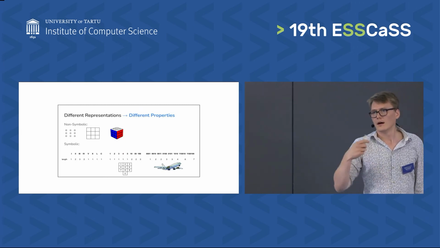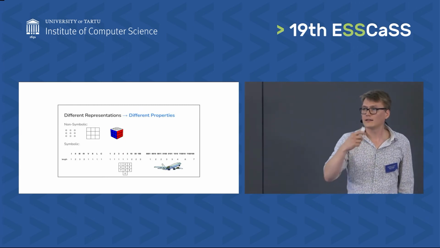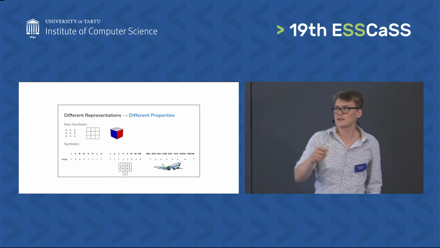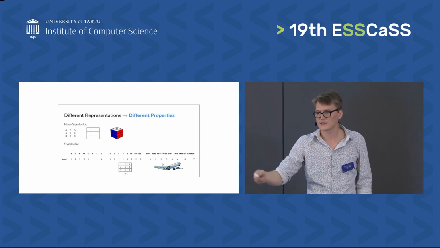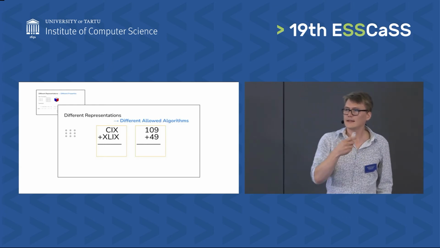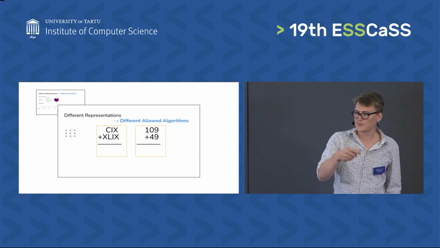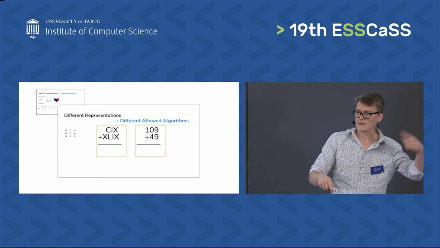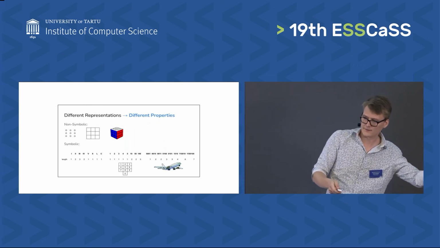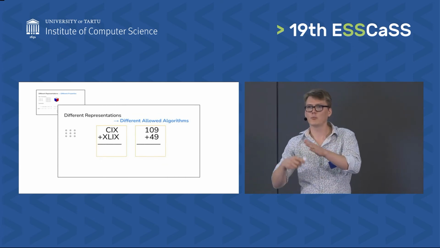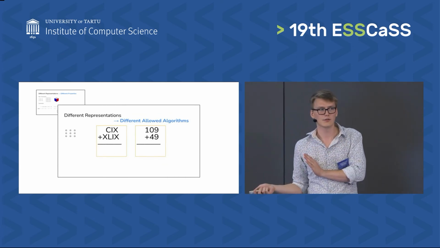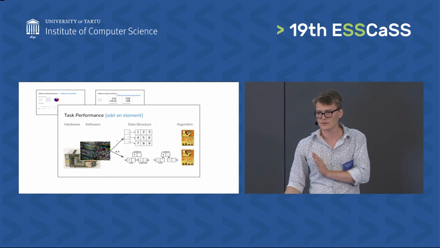So I already mentioned there are different ways to express the same thing, like different ways of expressing quantities. These different ways of expressing the same thing have different properties, as well as lead to different possible operations that you can do, or different algorithms to be used.